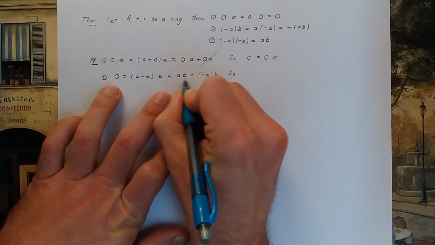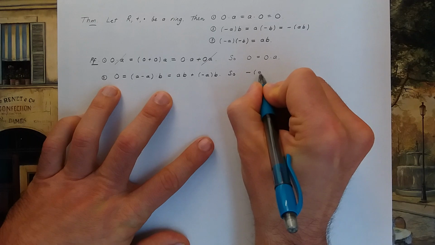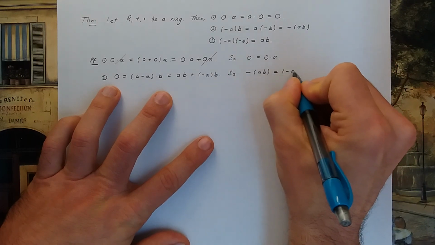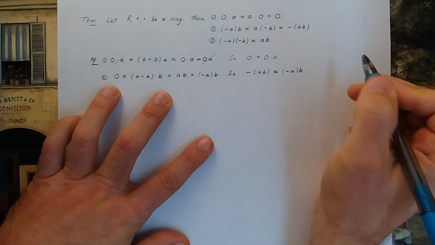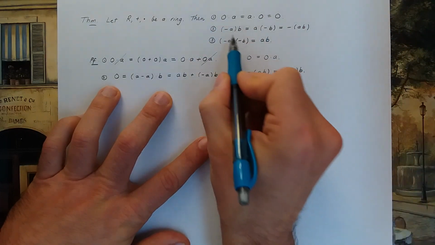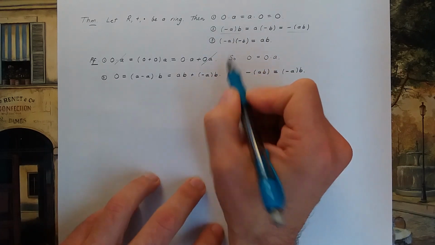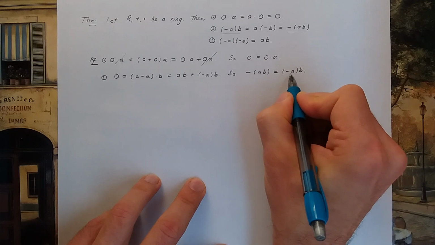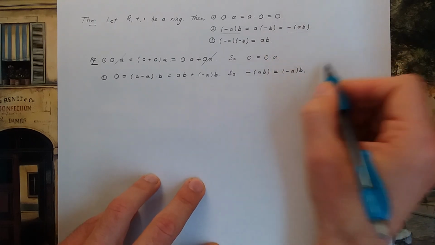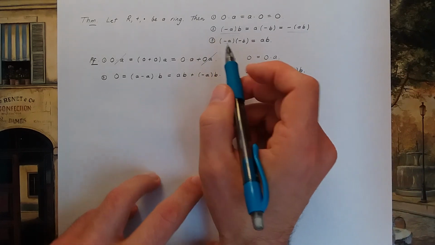So I'm going to subtract AB on both sides and get negative AB is equal to negative AB. So that proves this part of statement 2 when the negative sign is on the A. And it's a very similar argument for when the negative sign is on the B, so I'm going to omit that as well. I'm going to claim that I'm done with property 2.